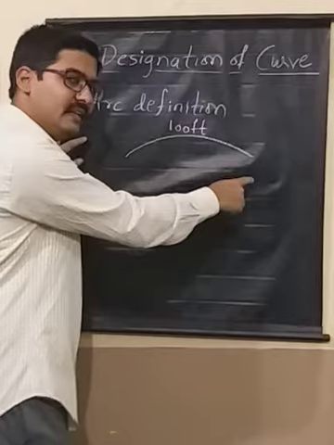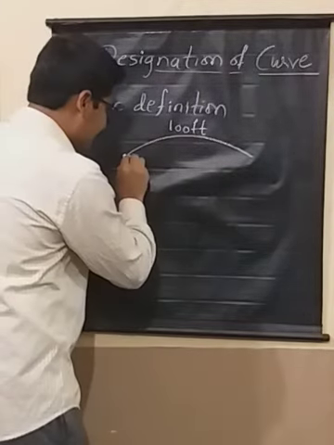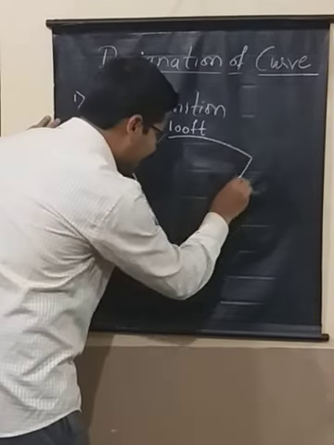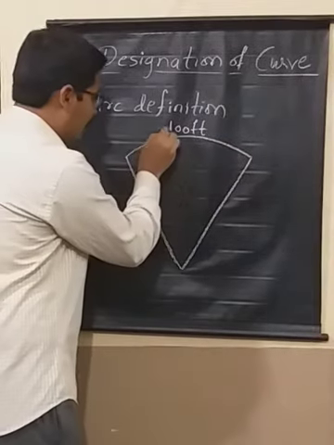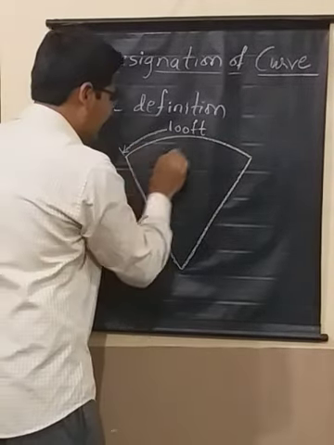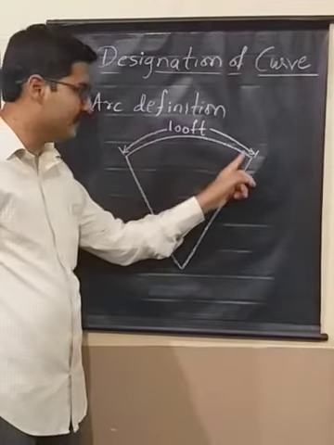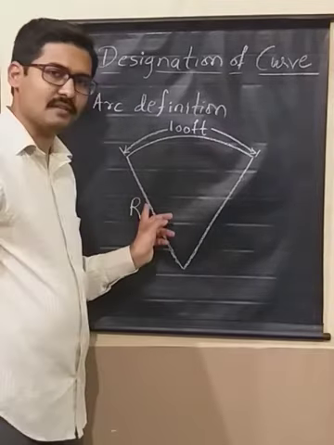So arc length has to be 100 feet. So if I say that this length of the arc is 100 feet, right, from here to here the curve is of 100 feet having the radius r.